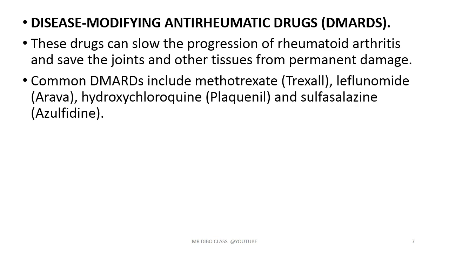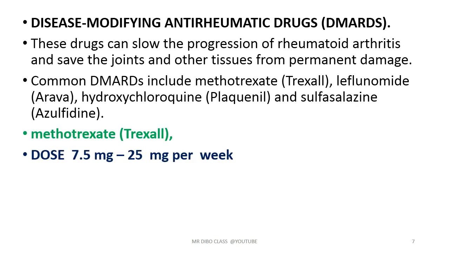Now here we have a lot. We have a common example, it's methotrexate, which we want to discuss. So let's look at this methotrexate. So this one, the dose is 7.5 milligrams to 25 milligrams per week.